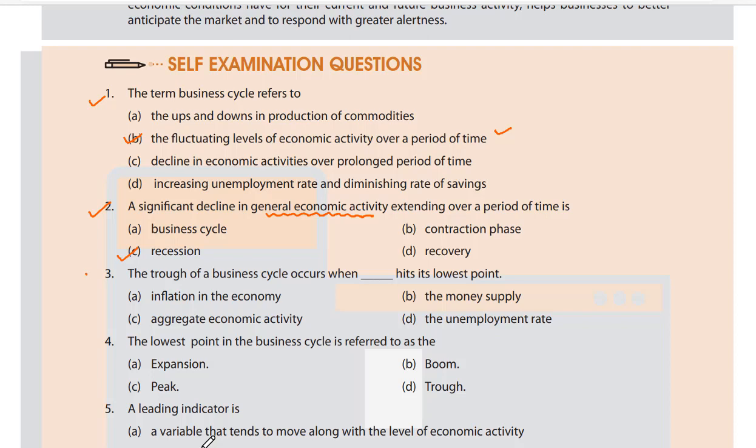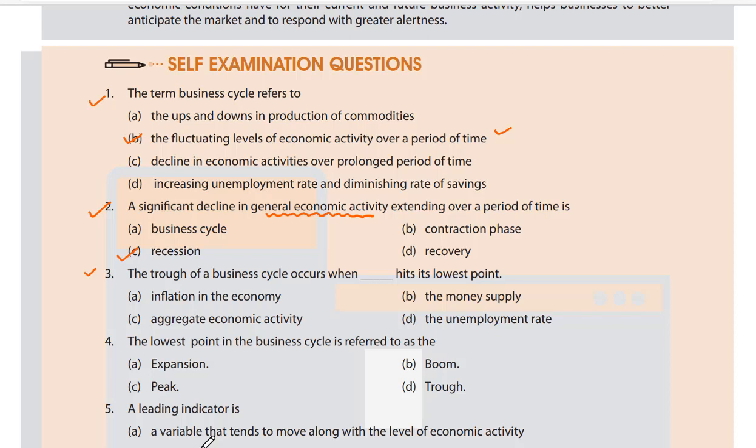Question 3. The trough or depression of a business cycle occurs when dash hits its lowest point.